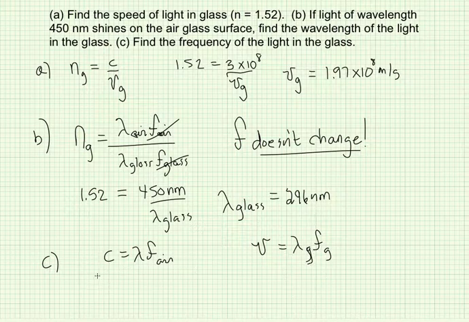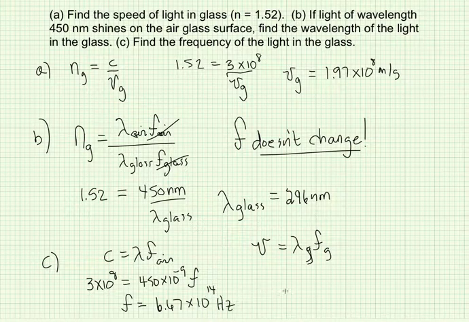If I use the speed of light as 3 times 10 to the 8th, it's critical that I use the wavelength in air, 450 nanometers, which is 450 times 10 to the minus 9th, times my frequency. I solve for frequency and I get 6.67 times 10 to the 14th hertz. So that's how many waves will pass each second.